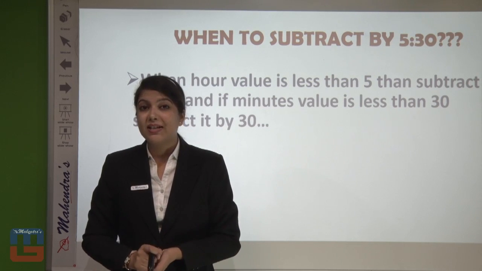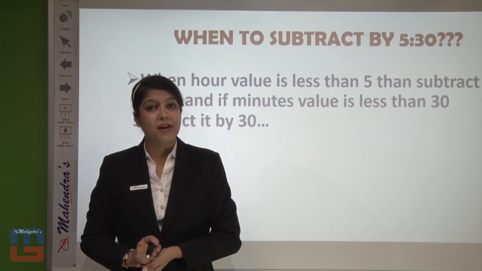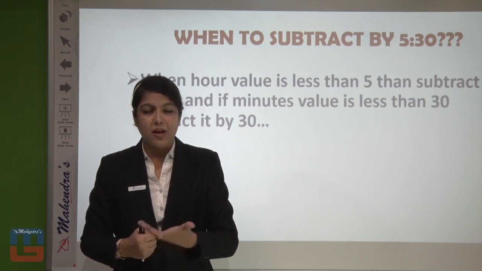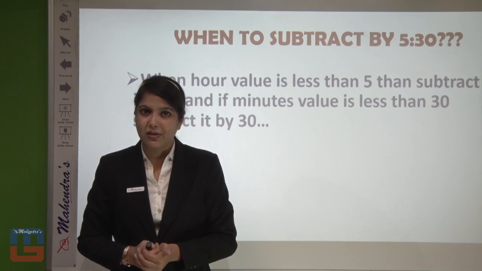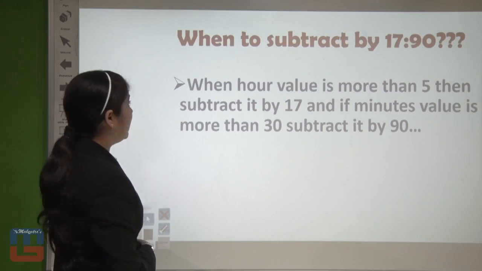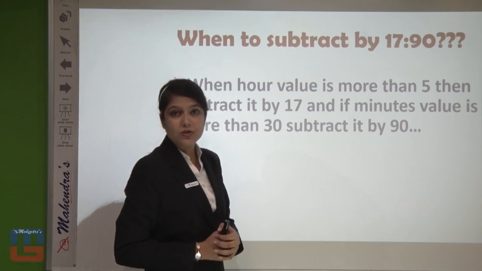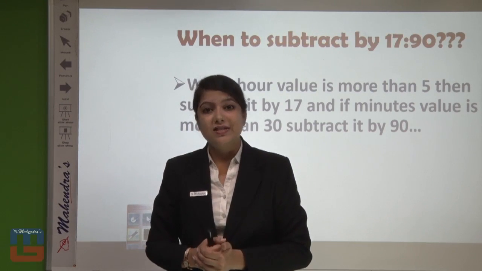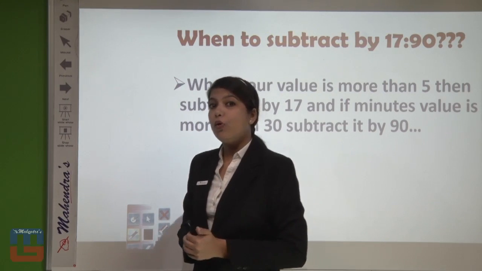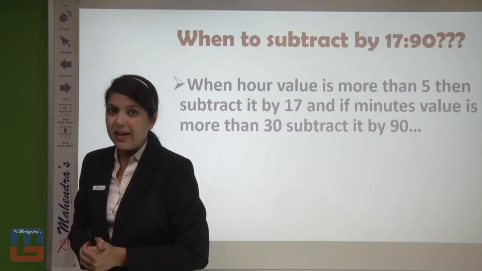So that is when we subtract by 5:30. Very clear. Hour value less than 5 is subtracted from 5. Minute value less than 30 is subtracted from 30 itself. Now, when to subtract by 17:90? When the hour value is more than 5, it is subtracted from 17. When the minute value is more than 30, it is subtracted from 90.